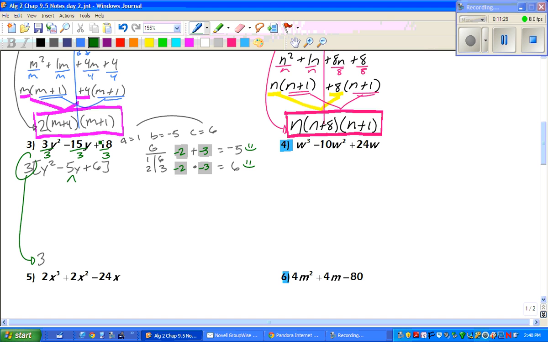So now we know what we want to split. Y squared minus 2y minus 3y plus 6. Take out a y out of the first one, and you get y minus 2.